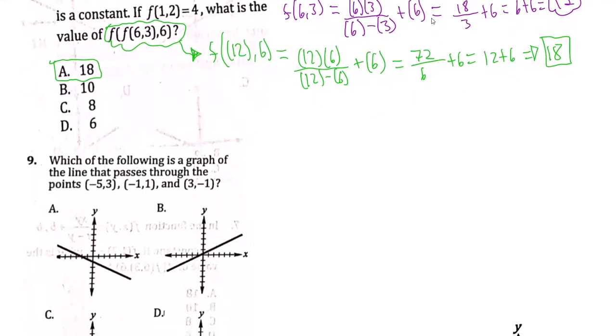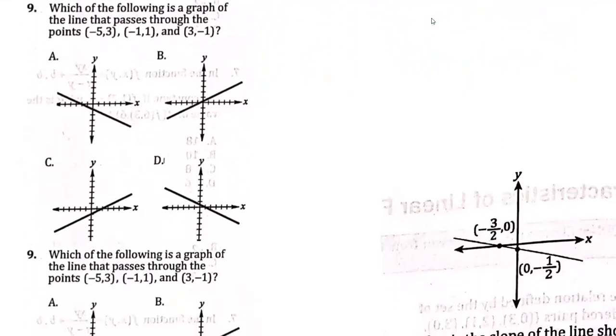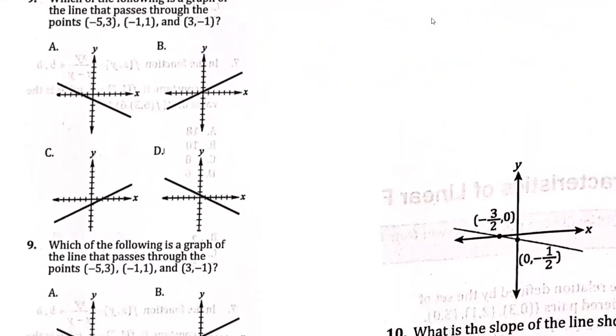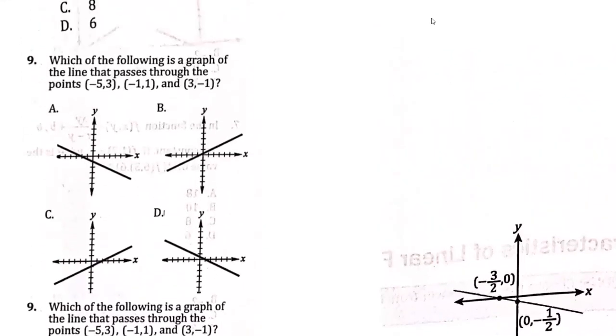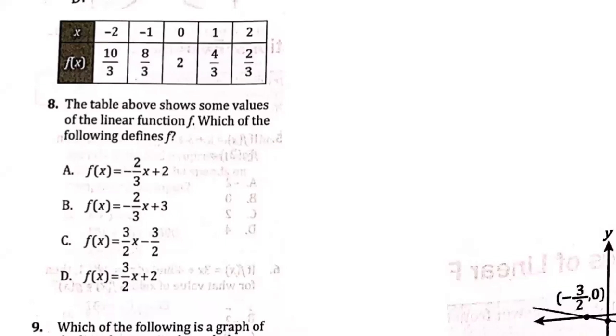Now, let's look at the next ones. Okay, so here, this one says the table above shows some values of the linear function f. Which of the following defines f?